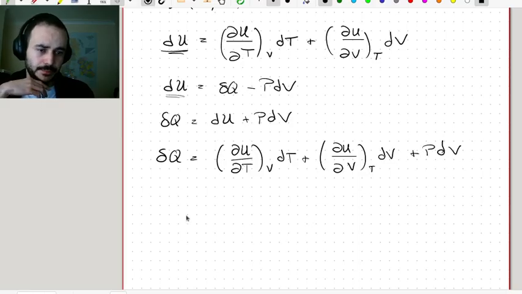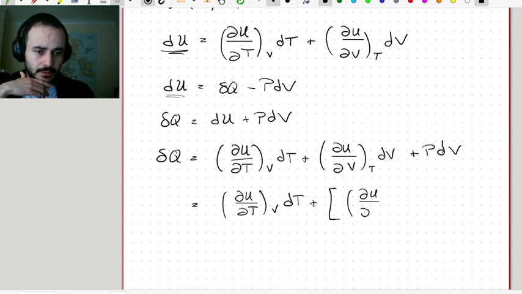We can group terms together, so let's write the partial derivative with respect to volume, dT, plus, and here we put together these other two terms, and the pressure.